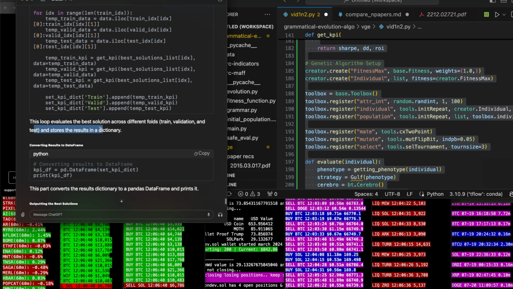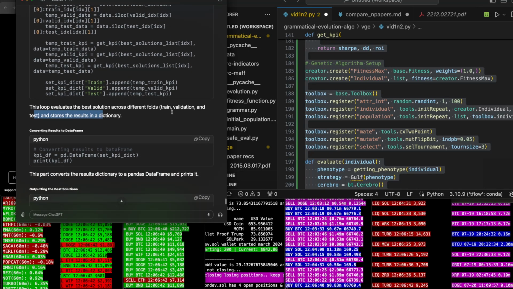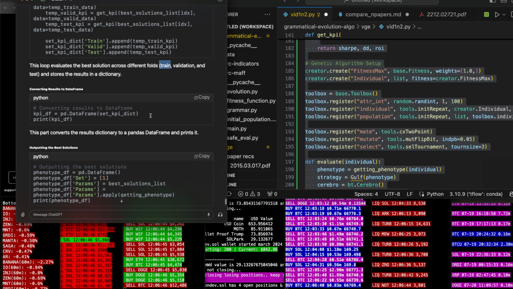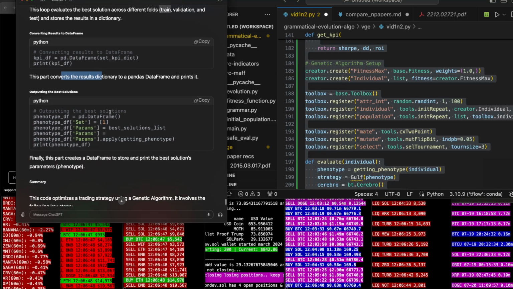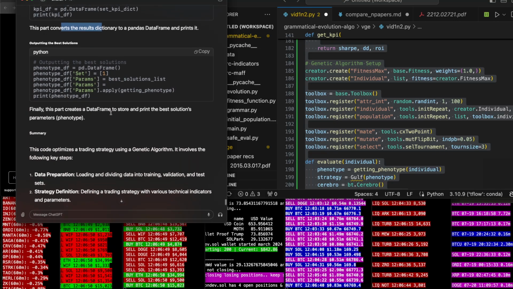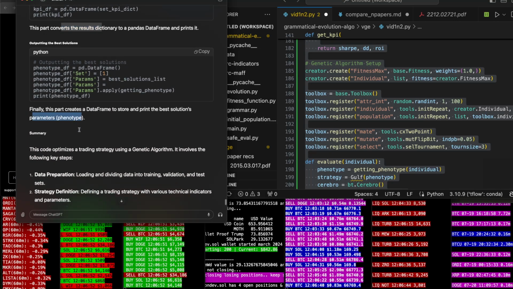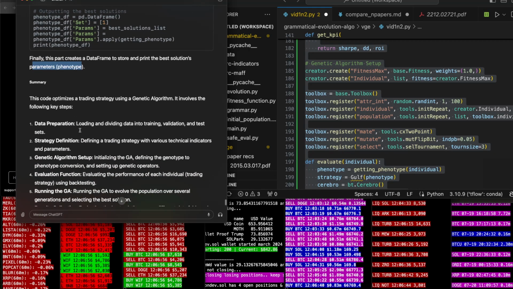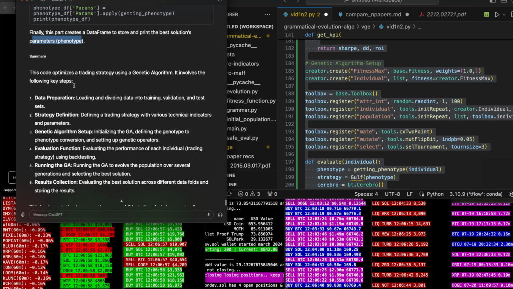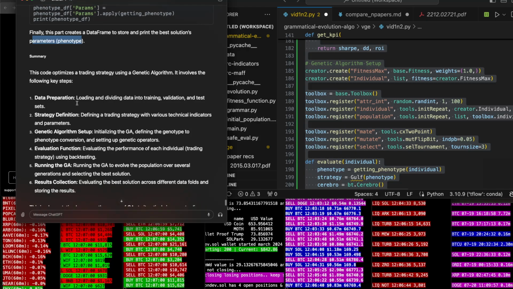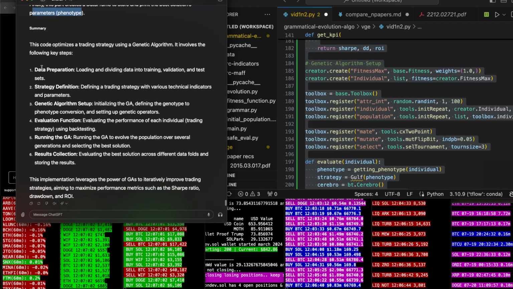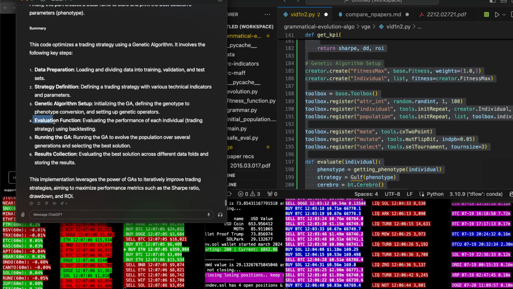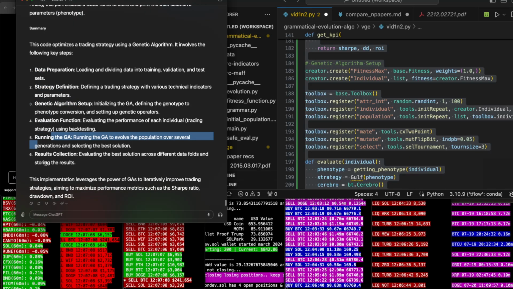This loop evaluates the best solution across different folds: the train, the validation, and the test. This part converts the results dictionary to a pandas data frame and prints it. Finally, this part creates a data frame to store and print the best solution's parameters. This code optimizes a trading strategy using a genetic algorithm. It involves the following steps: data prep, strategy definition, genetic algorithm setup, evaluation function, running the GA, and results.